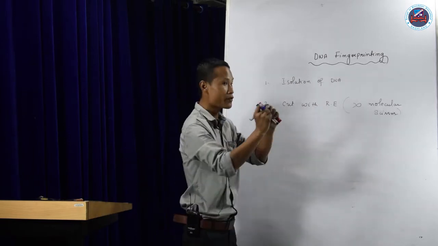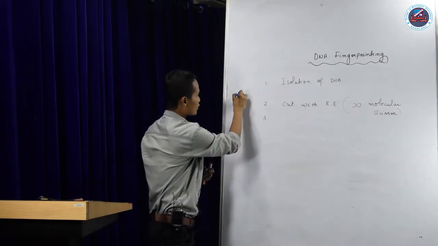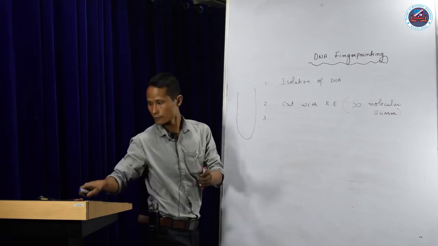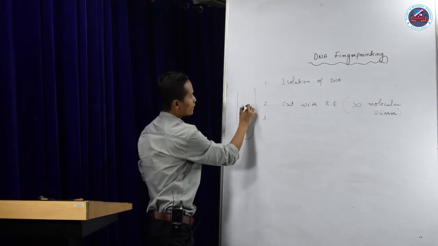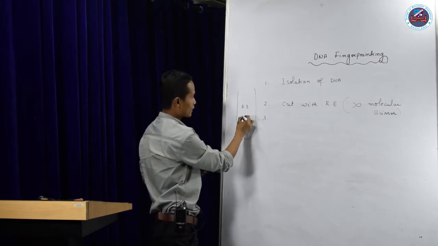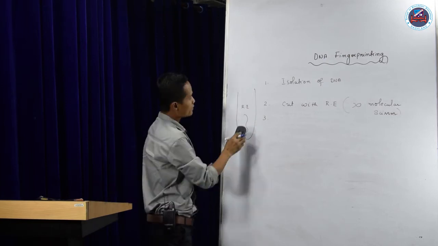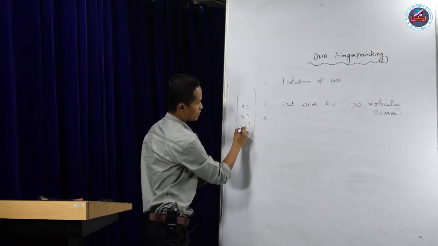After that, these fragments have to be separated. Just say that this is our test tube, okay? And in this test tube, you have added restriction enzyme, and this was the DNA. This restriction enzyme will cut and form many fragments.